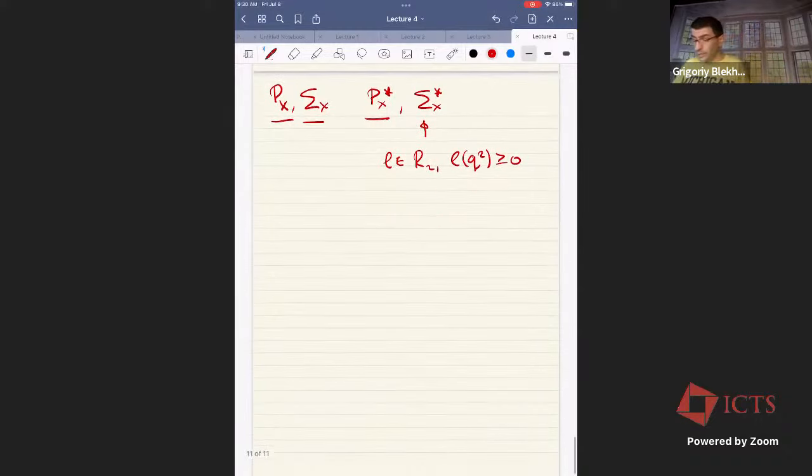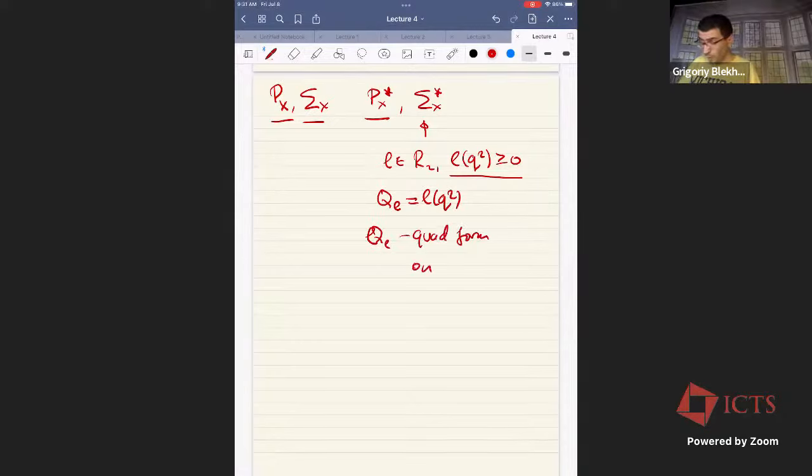But now, instead of thinking about it like this, you can associate to this functional L a quadratic form, Q_L, which is just L of q squared. This Q_L is a quadratic form on the linear forms, because I take a linear form, square it, and apply the linear functional, which gives me a quadratic form.